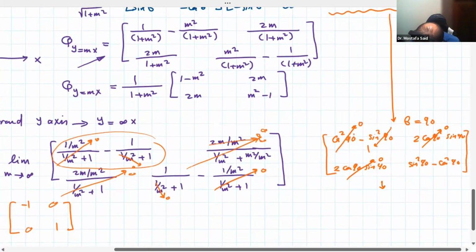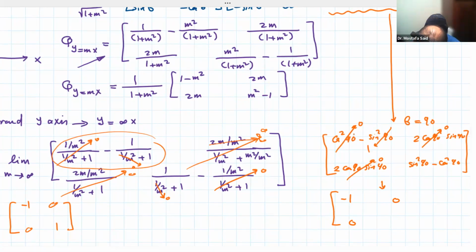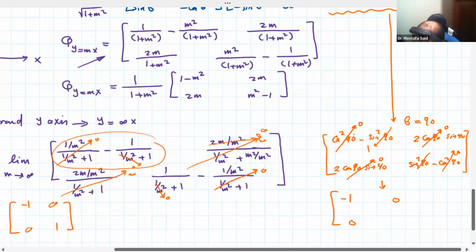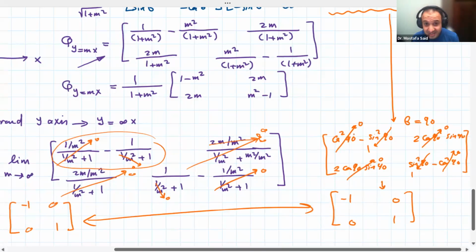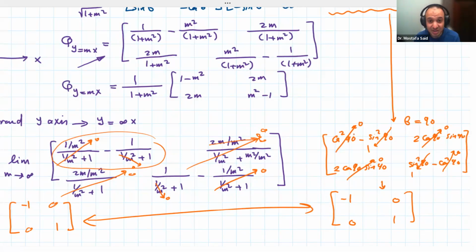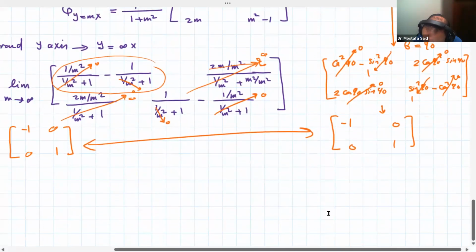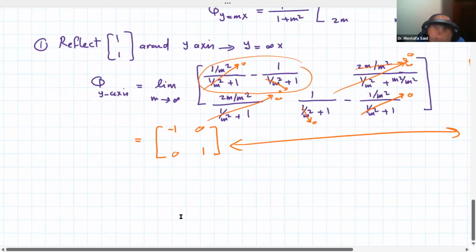So we end up with minus 1 here, 0 here, 0 here, then sine square 90 is just 1, and cosine 90 is 0, so that will be 1. That matches. So if you are not convinced by the limit, that m equal to infinity, you have the other way. Okay, good.